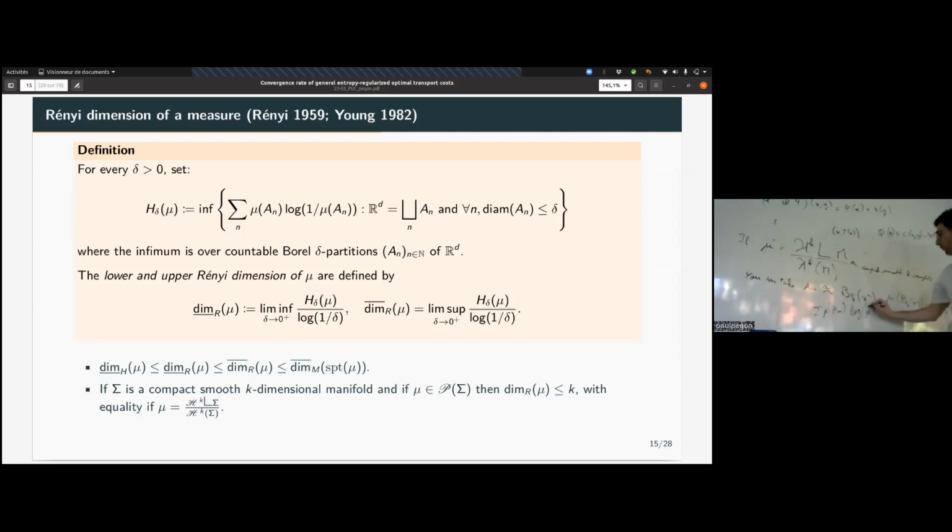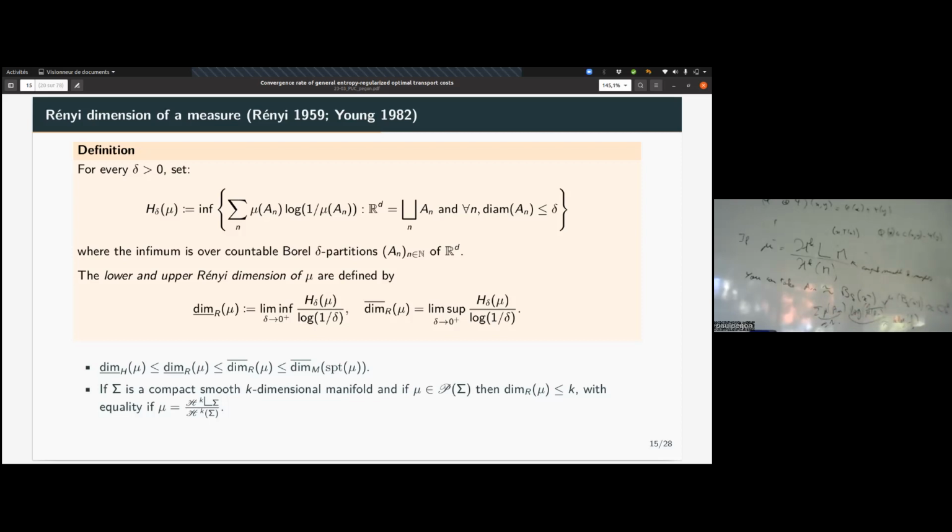Now for each of the A_n, this quantity is almost comparable to, yes, exactly, k log of 1 over delta. So it's almost constant, and when you sum over mu of A_n, because you have a probability measure, this is equal to 1. And so you get k log of 1 over delta, and k is the dimension.